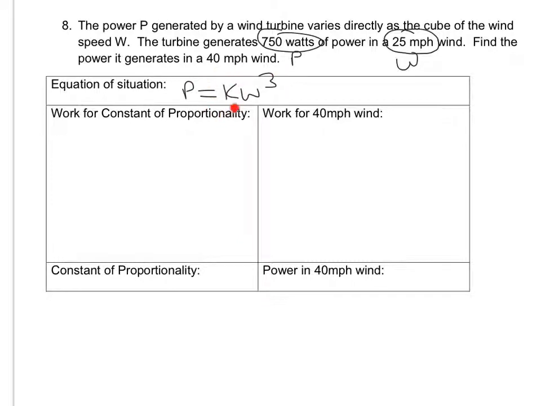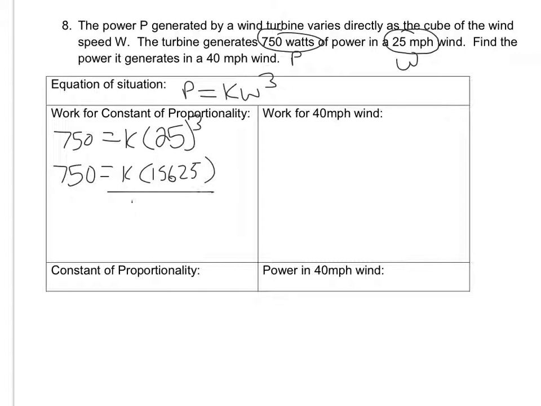So the first thing we need to do is find this constant. So you would say 750 equals K times 25 to the third. So 750 equals K times 15,625. Divide. You get that K is 6/125.